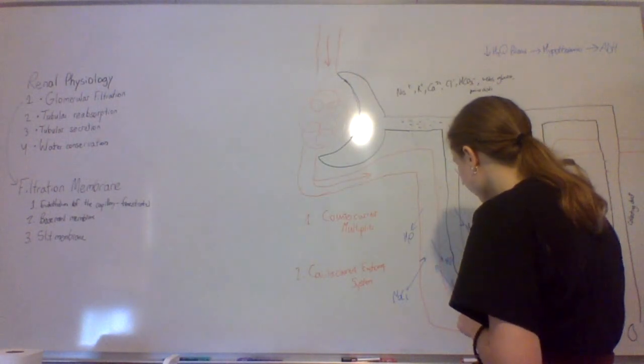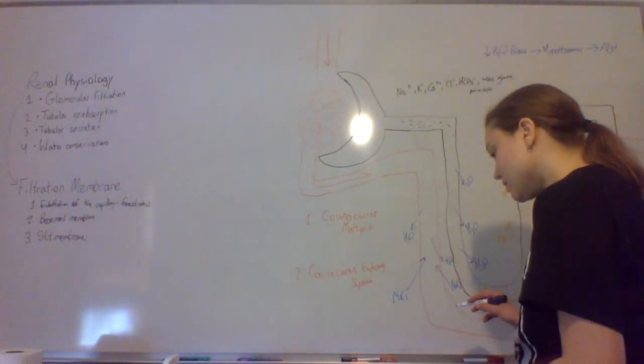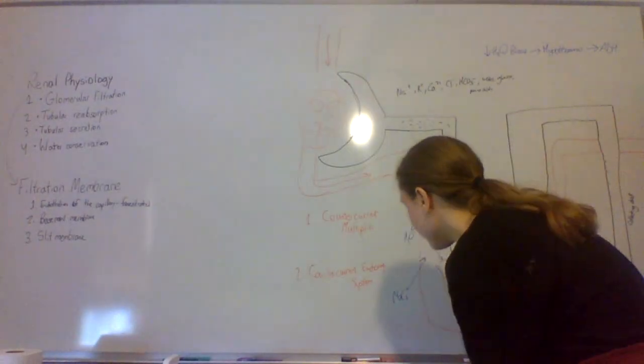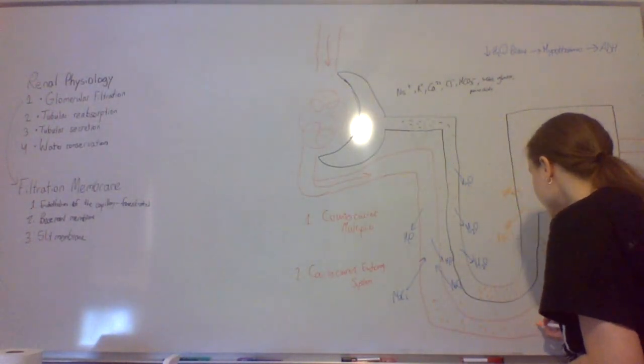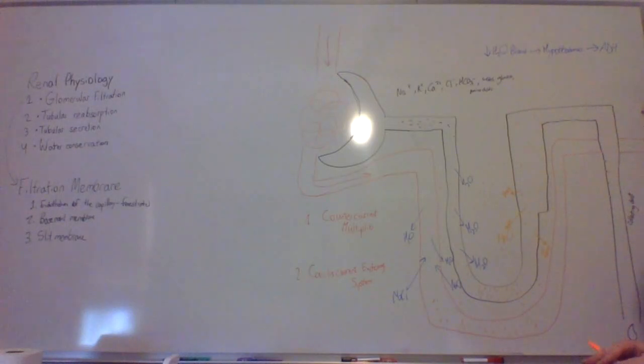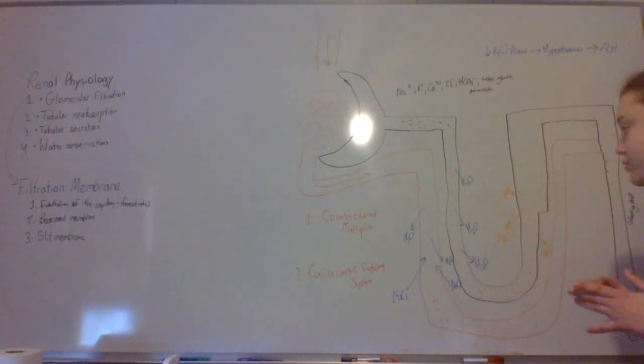I forgot to use orange for NaCl, but that's okay. So, this means that we have really salty blood down here, which we don't want. We want more salt in here, more salt to maintain that salty medulla.